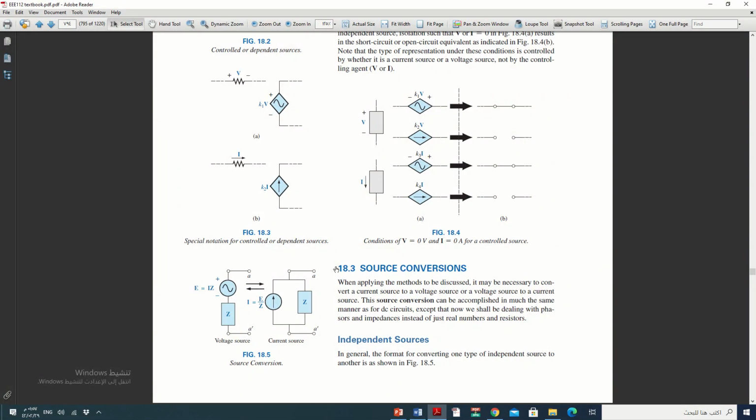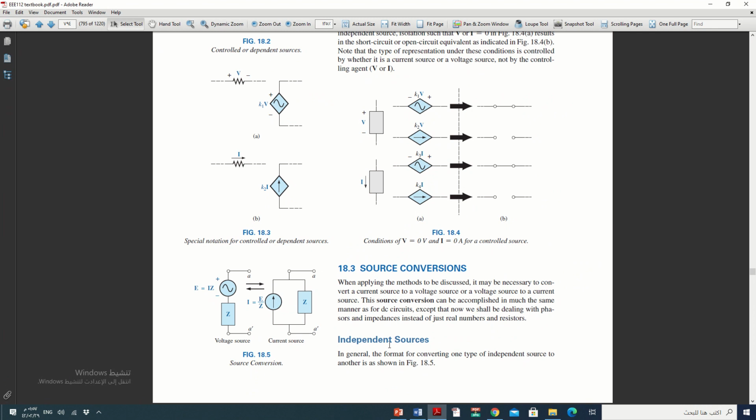If you remember in circuit one, we studied source conversion. If you have a voltage source in series with an impedance, you can convert it to a current source in parallel with the impedance. Or the opposite: if you have a current source in parallel with an impedance, you can convert it to a voltage source in series with the impedance.